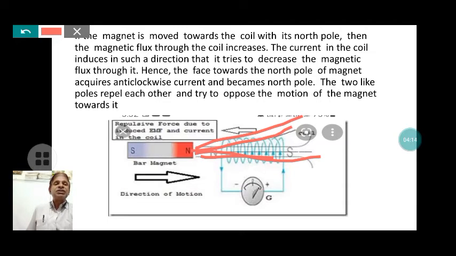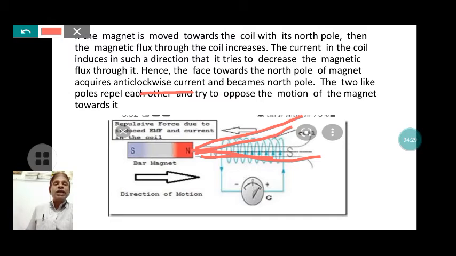That makes a repulsion. Hence the face towards the north pole of the magnet acquires anti-clockwise current and becomes a north pole.